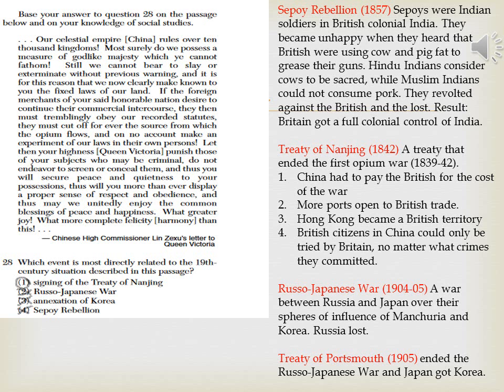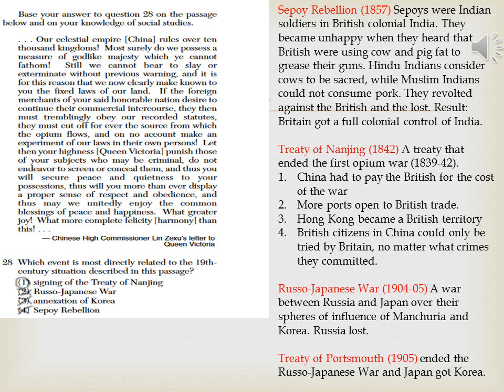Alright, so the Treaty of Nanjing, which is the right answer for this question, 1842. It is a treaty that ended the First Opium War, 1839 to 42. Opium, as you know, is a drug which the British wanted to sell in China.